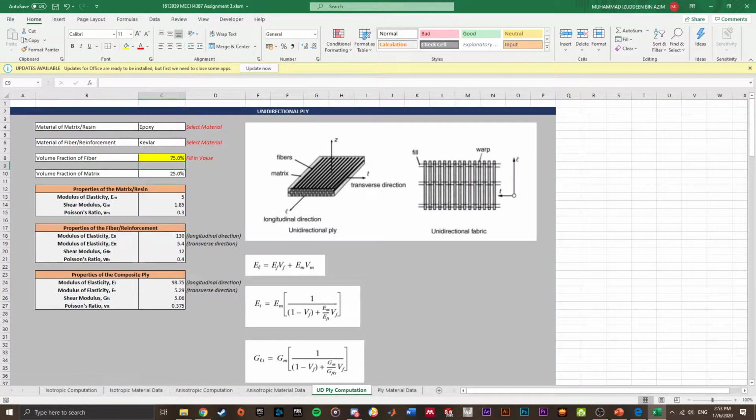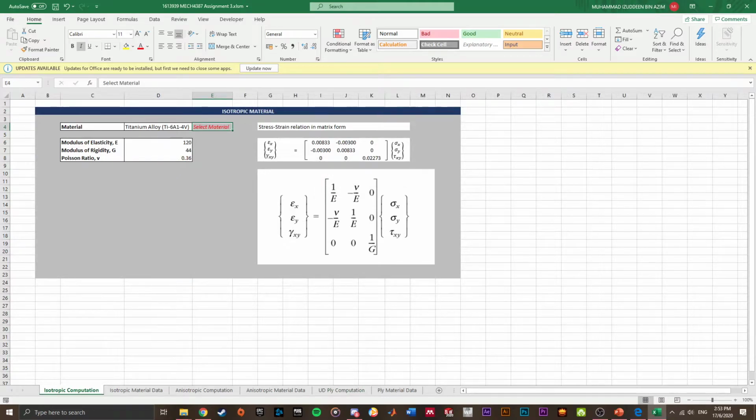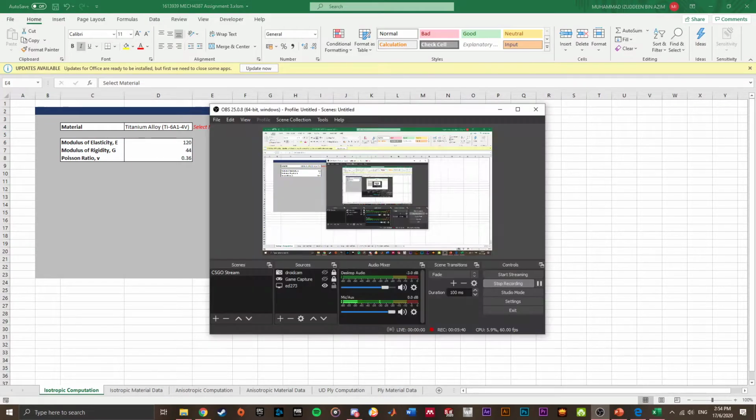Now I want to talk about this stress strain relation in matrix form.